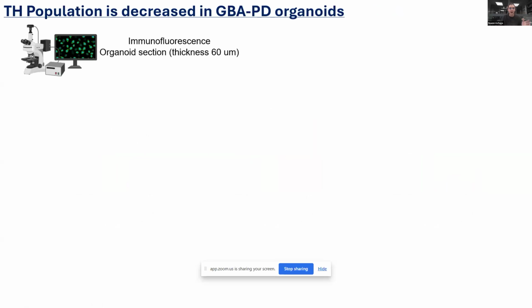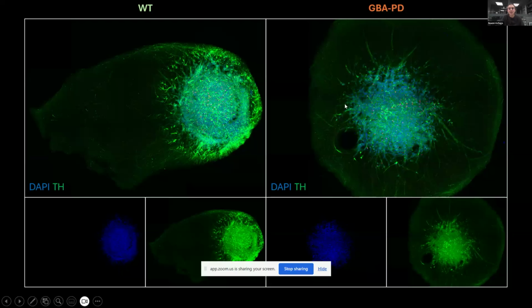To validate that data, we checked in another way, by immunofluorescence, the dopaminergic neuron population. To do that, we did immunostaining on organoid sections having a thickness of 60 microns. As you can see in this representative picture, on the right side, the GBA-PD lines are showing fewer dopaminergic neurons stained by TH, and as well a non-ramified network compared to the wild type.